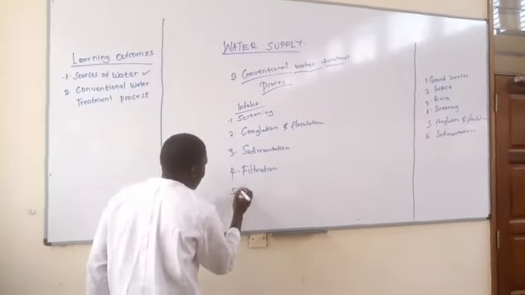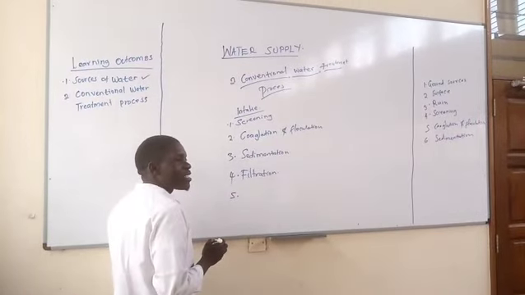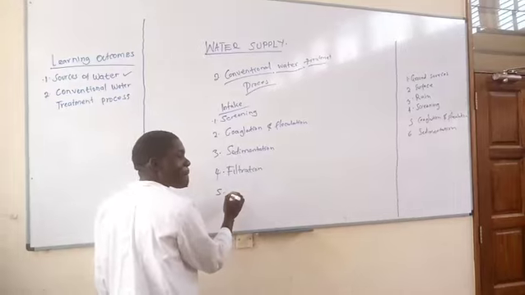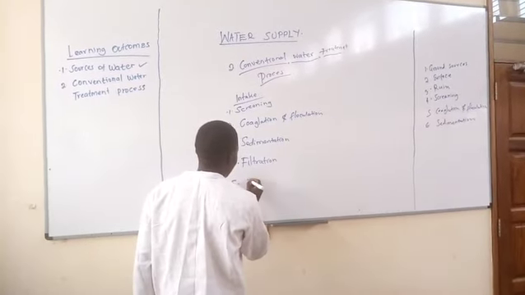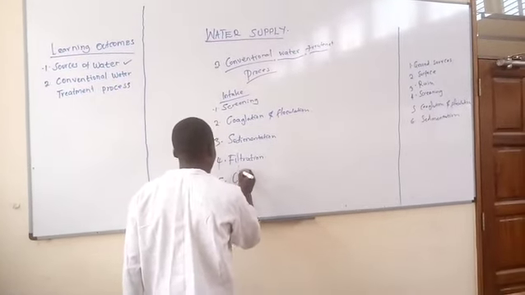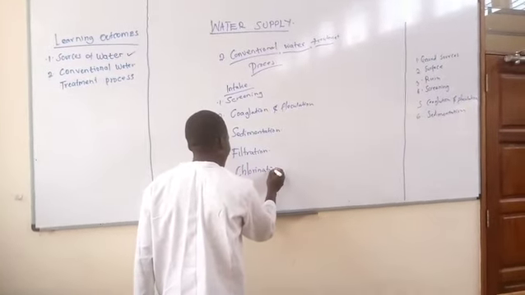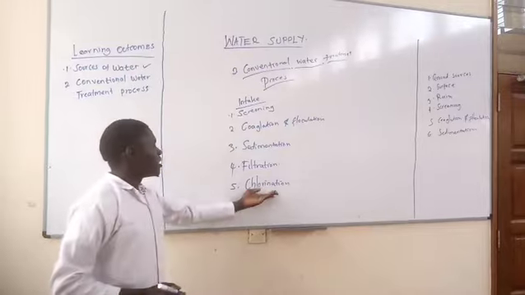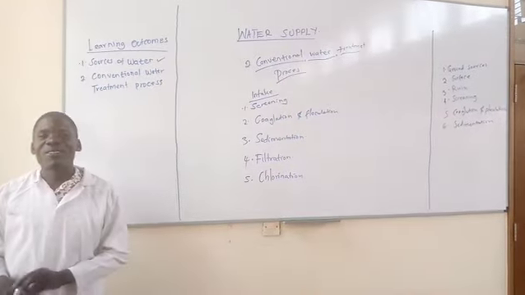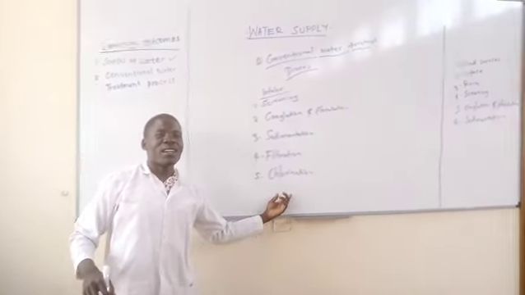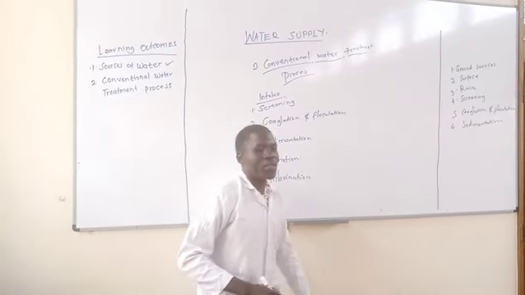Then lastly, we have chlorination. This involves application of chemicals like chlorine to a standard required for consumption.